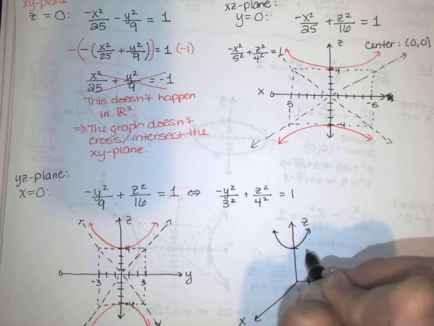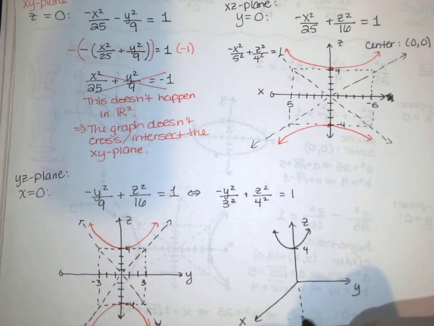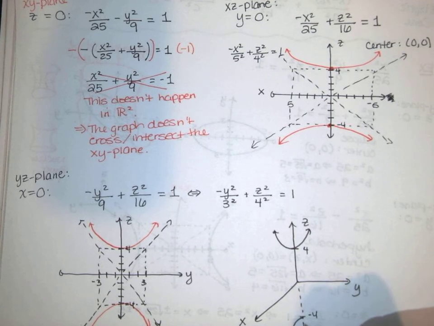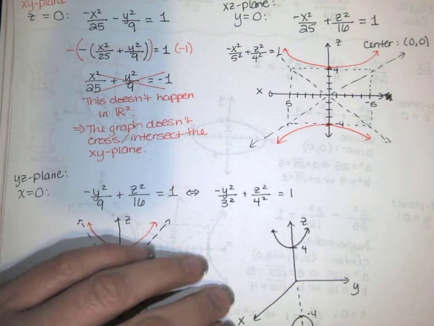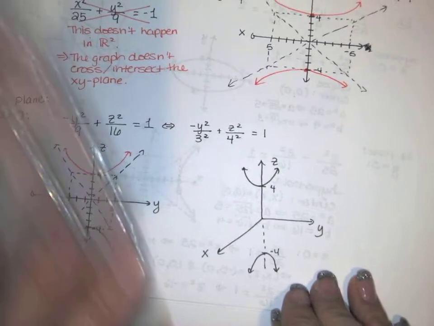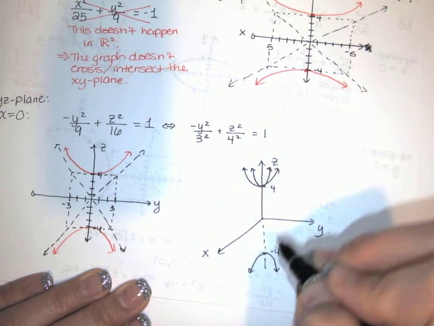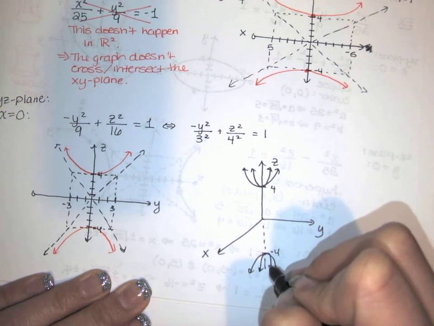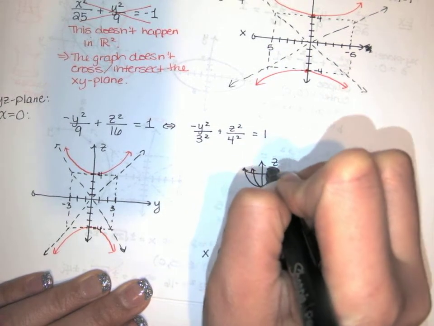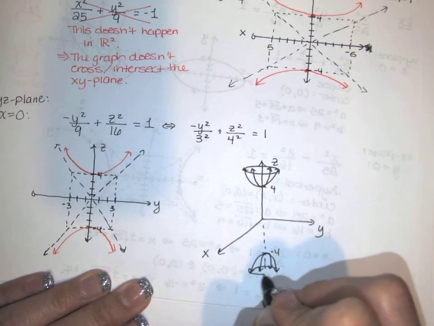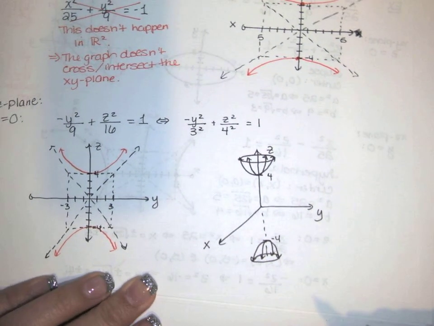In our picture, this one's crossing at 4 and negative 4. That's in the yz plane. And then in the xz plane, looks like that. So you put those two together, and you get something that looks like this.